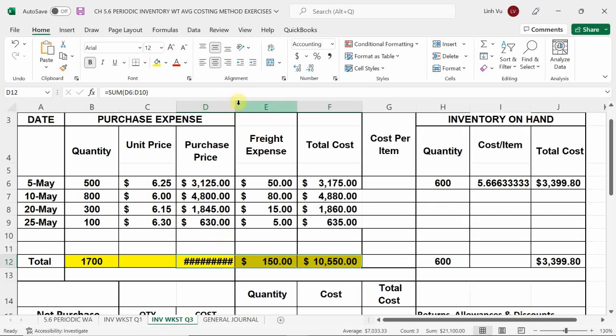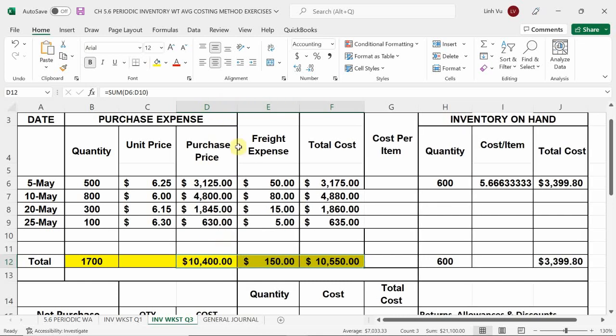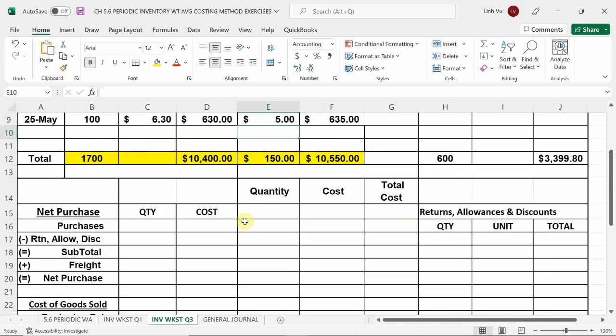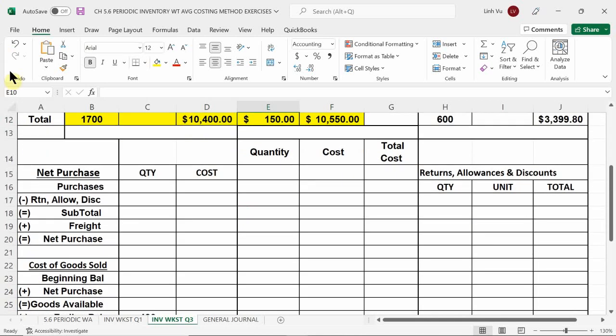Okay, so let's plug our numbers in. We purchased a total of 1,700 units at 10,400.